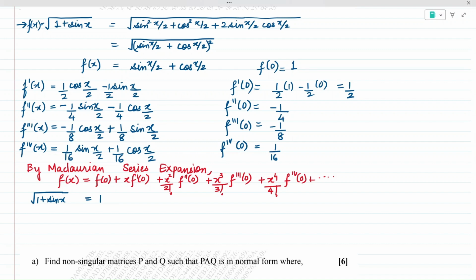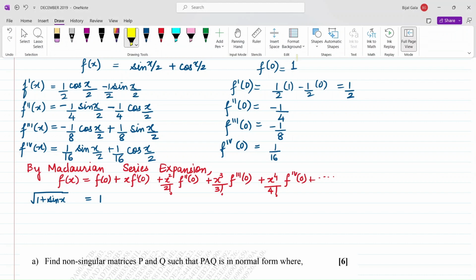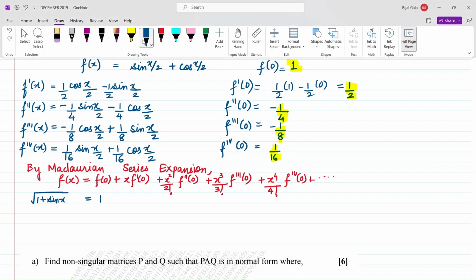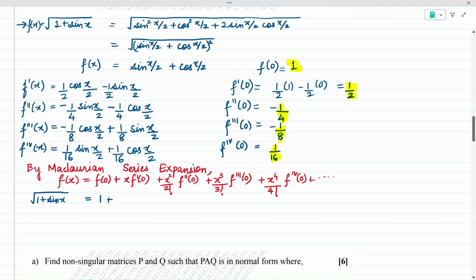We input all these values here. So f of 0 is 1 plus x as it is, in place of f dash 1 by 2, x square by 2 factorial whose value is 2, in place of f double dash negative 1 by 4, x cube by 6, and triple dash is negative 1 by 8, x raised to 4 by 4 factorial which is 24, and this becomes 1 by 16.